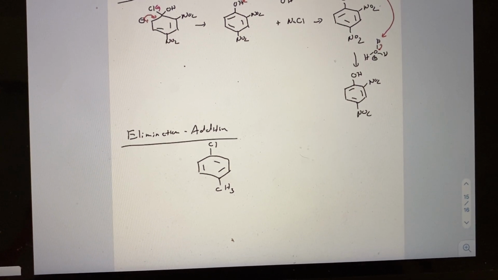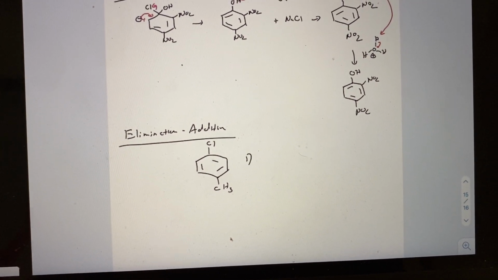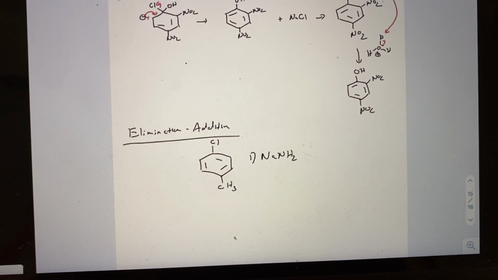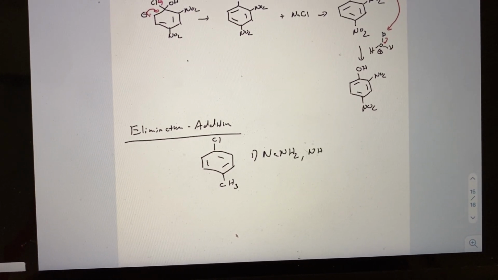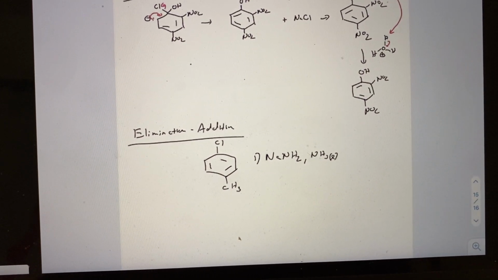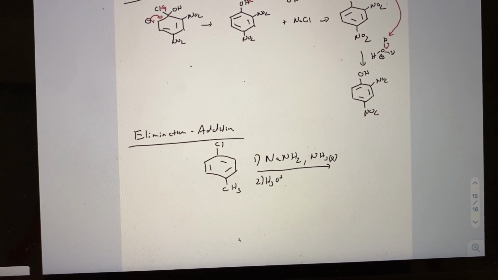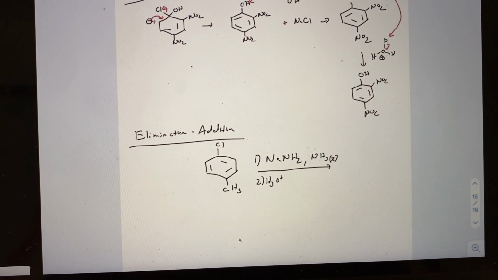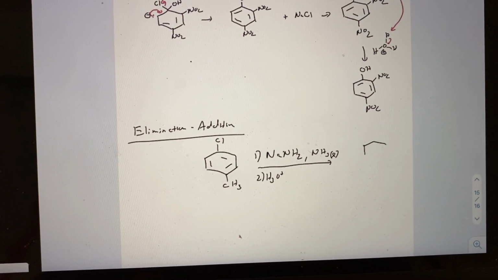You can use a strong base, something that's oftentimes used as NaNH2 in the presence of ammonia as a solvent, the l meaning liquid, and then this one also with H3O plus at the end. And you actually end up with two products. Should have put this further to the left. I'll just put them above each other.